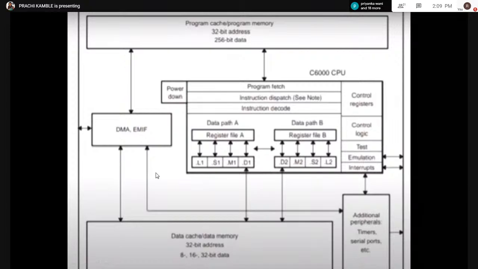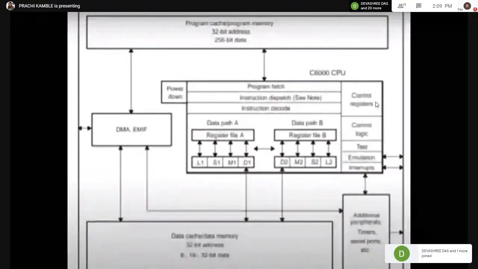So here, first of all, let's look at each and every section of the architecture. First there is the program memory. Then we can see there is a data memory. Then there is a DMA and EMIF unit. Then this whole part is the CPU.